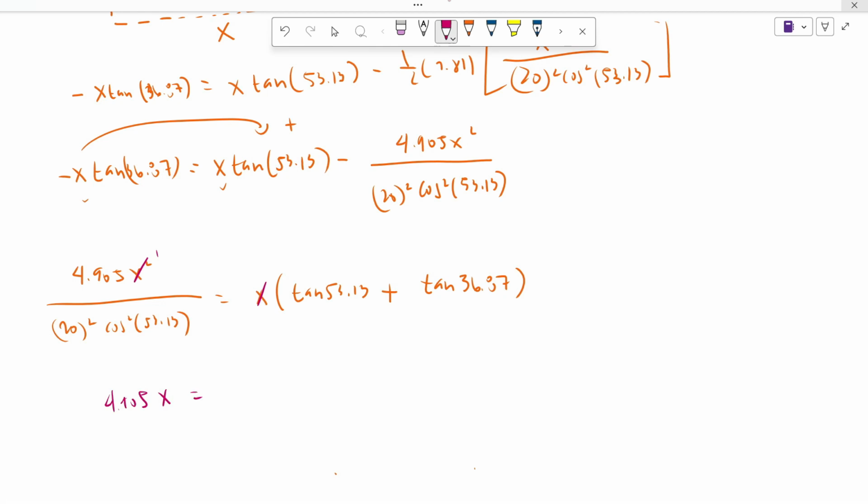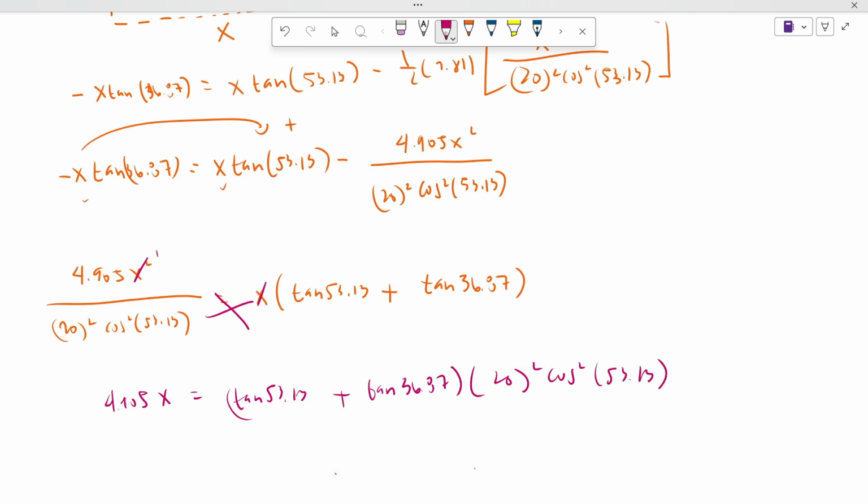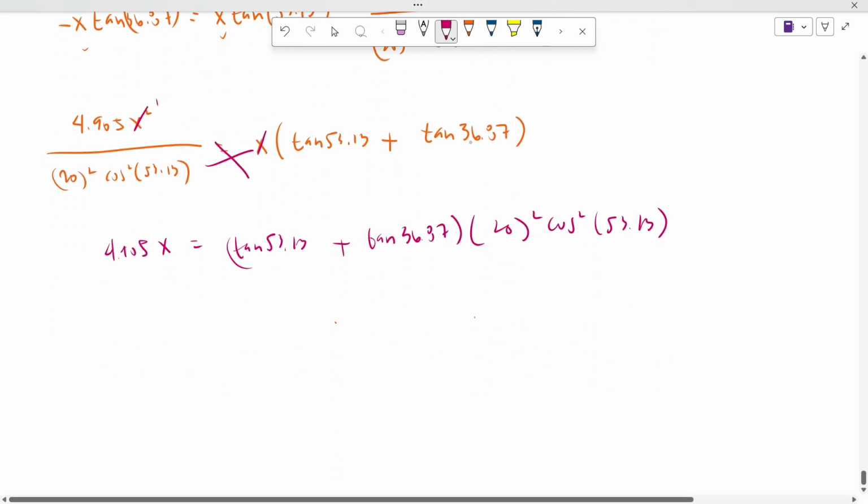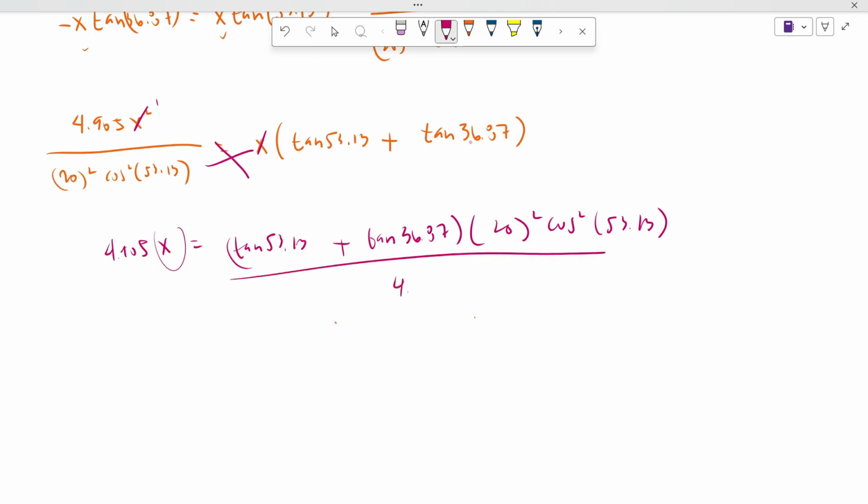So 4.905x equals, we cross multiply it there, plus tangent of 36.87 and 20 squared cosine squared of 53.13. Since the other side has x, we divide by 4.905.